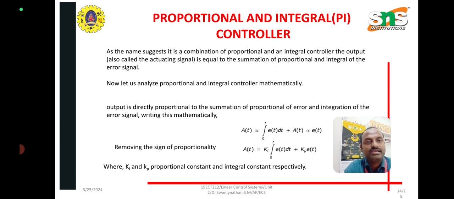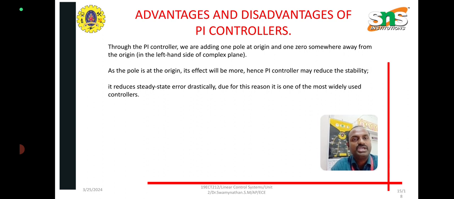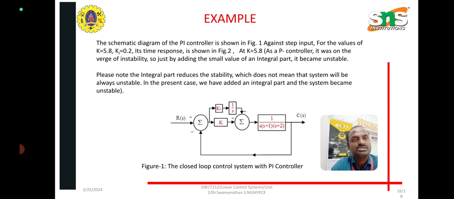Kp and Ki are called the proportional and integral constants. The advantage is that we are adding one pole at the origin and one zero somewhere away from the origin. As the pole is at the origin, its effect will be more. Hence PI controllers reduce the stability, but they reduce the steady state error drastically. Due to this, it is one of the most widely used controllers.